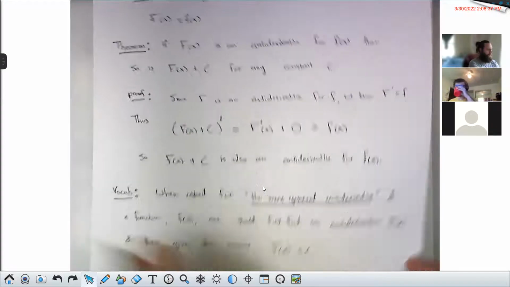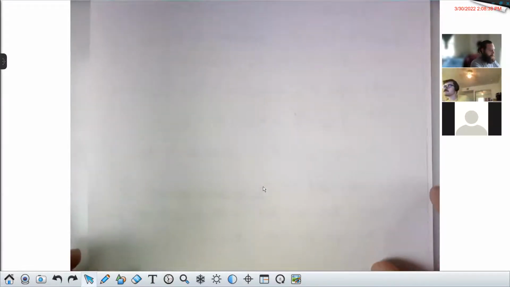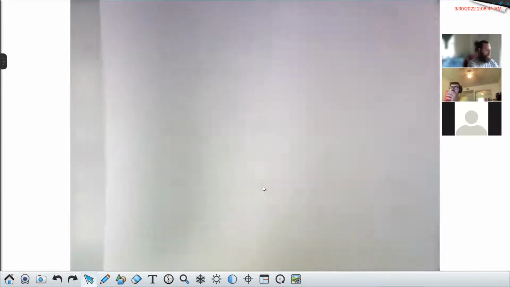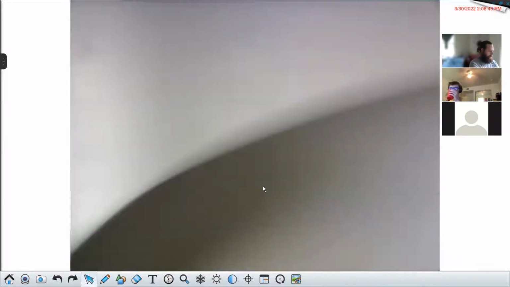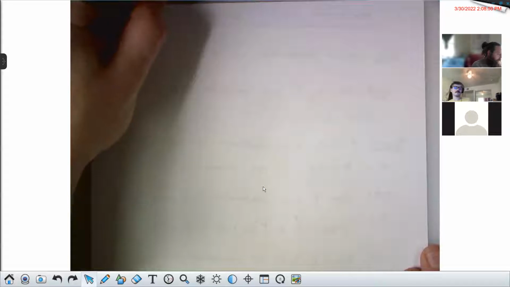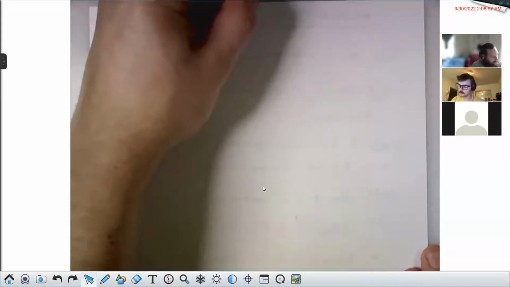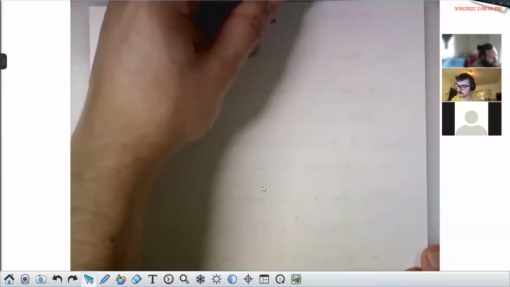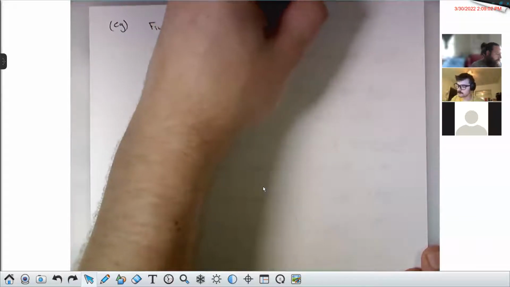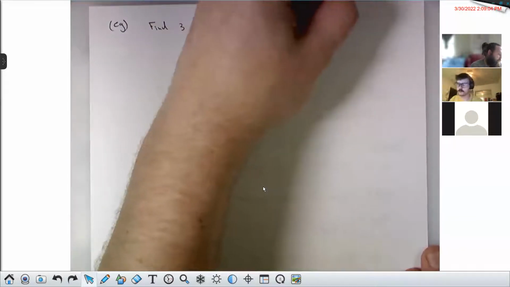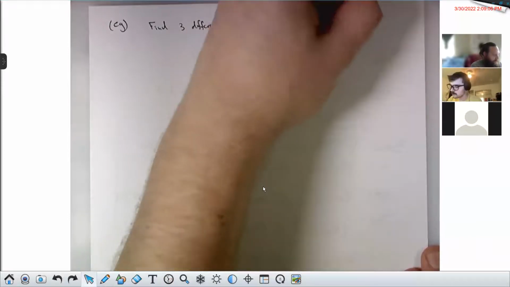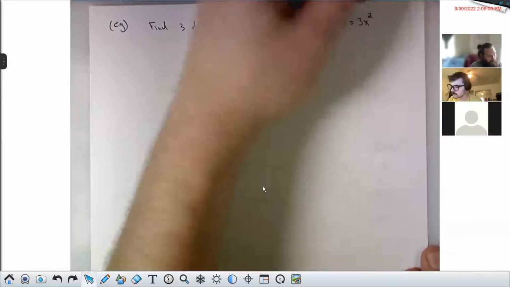A quick example here. Let's say find 3 different antiderivatives for little f of x equals 3x squared.